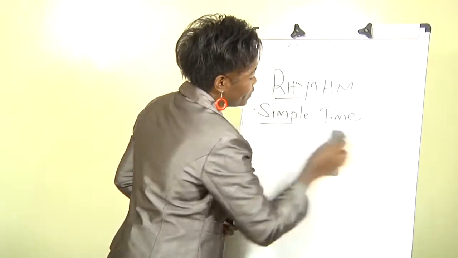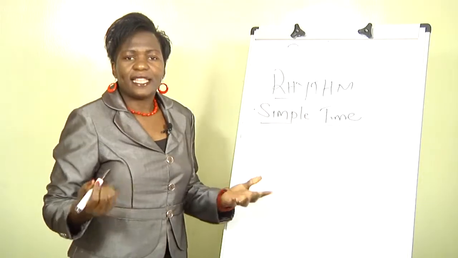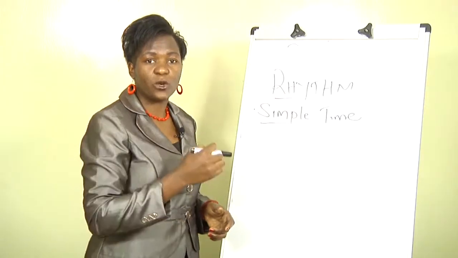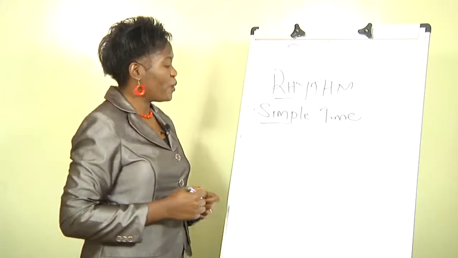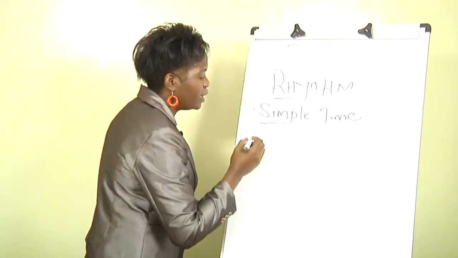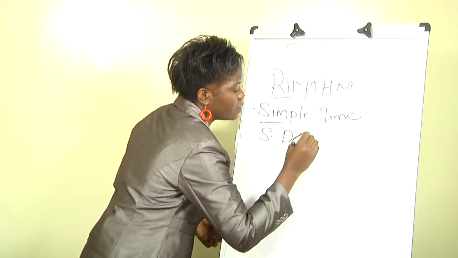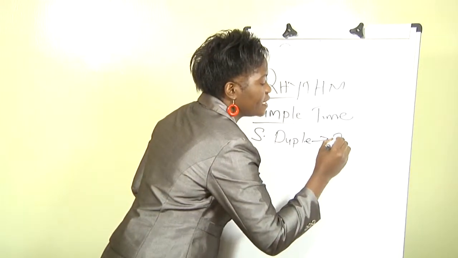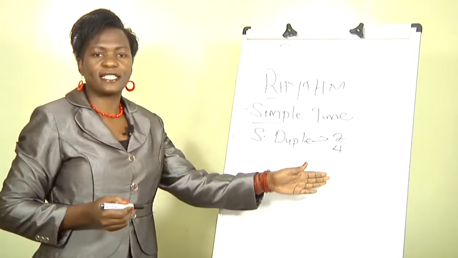Now, there are basically three types of simple time in terms of rhythm, and we looked at that in Form 1. As of now, we shall just recap them very fast. We have simple duple time, and this one we gave an example and said it is 2/4, written in figures.